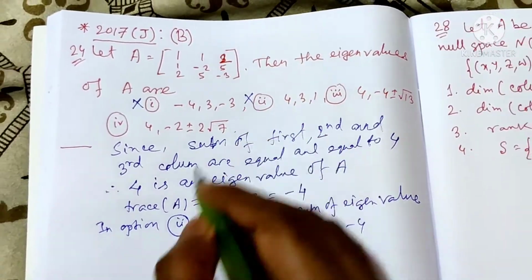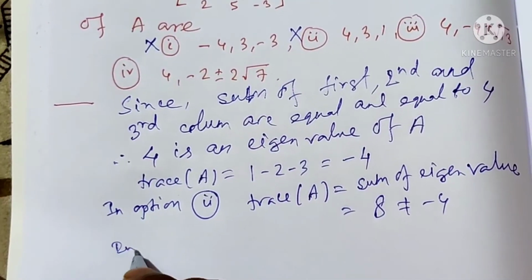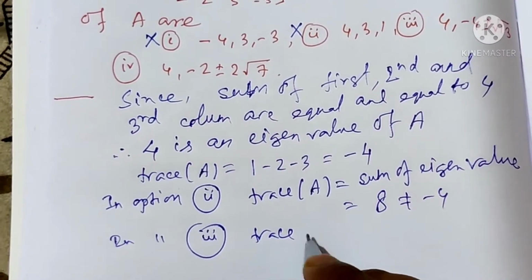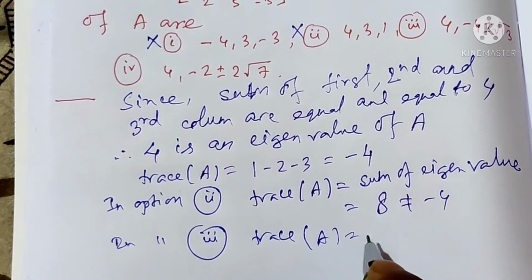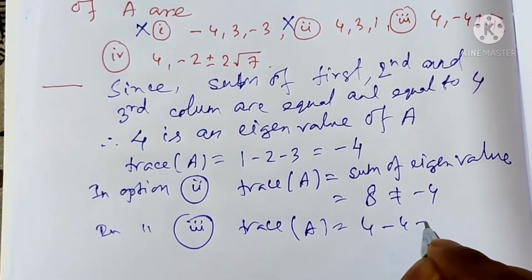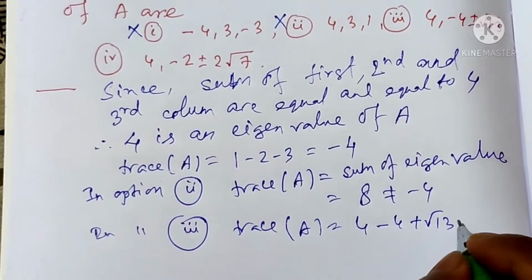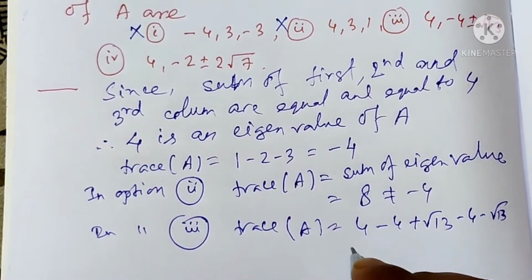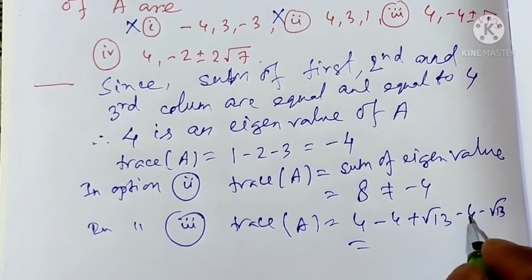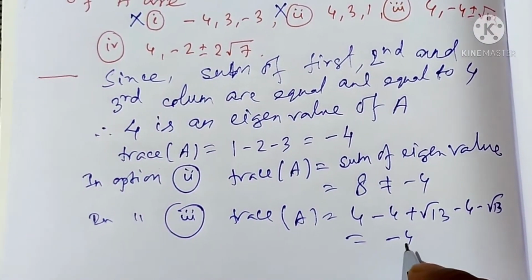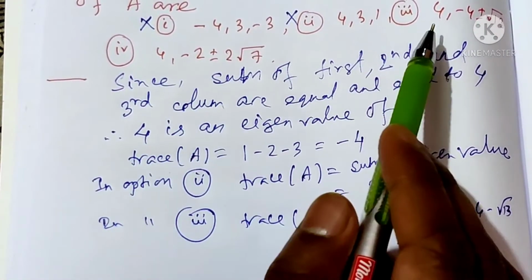Therefore in option 3, trace of A equals 4 minus 4 plus root 13 minus 4 minus root 13, that equals minus 4. May be true.